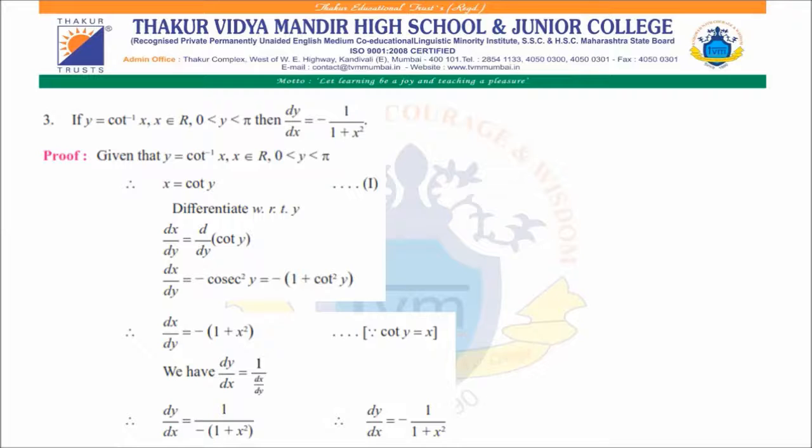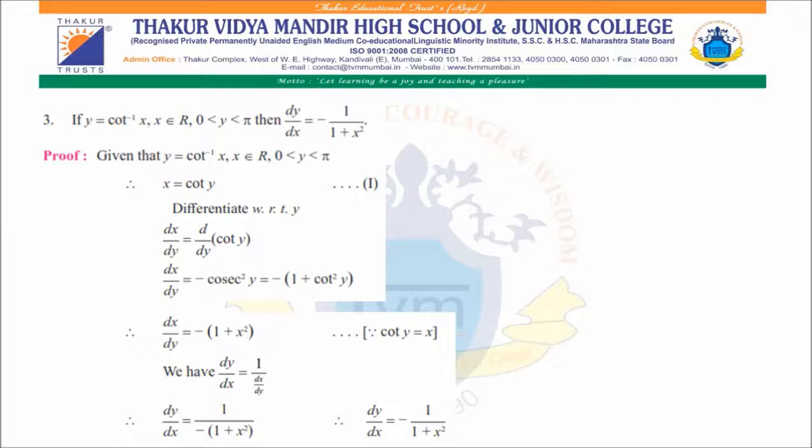Again this minus cosec square y is written as minus of 1 plus cot square y. Since cot y is x, in place of cot square y we write x square, so we have minus of 1 plus x square. Then dy by dx equals 1 by dx upon dy. Therefore dy by dx equals 1 upon minus of 1 plus x square, which can be written as dy by dx equals minus 1 upon 1 plus x square.